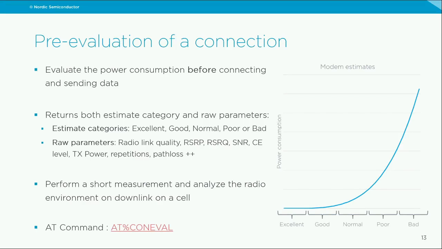This is also supported by the AT command introduced here. Just a side note, all the new AT commands introduced in modem firmware 1.3.0 have been documented and updated in our AT reference manual on InfoCenter. It's AT reference manual version 1.7.